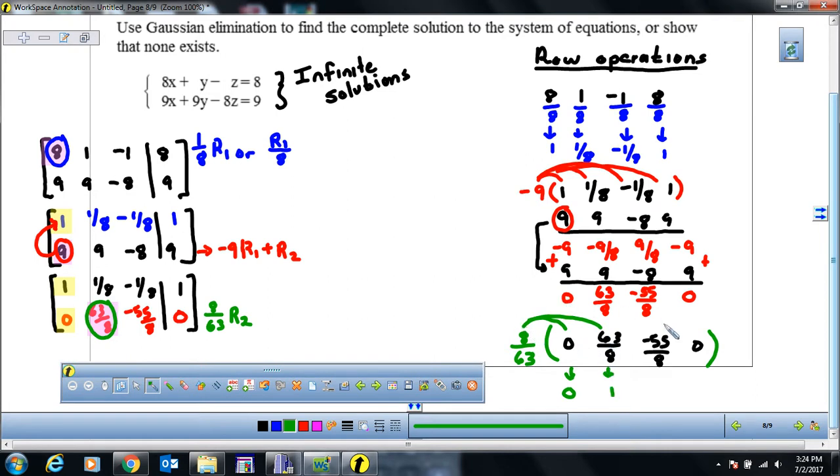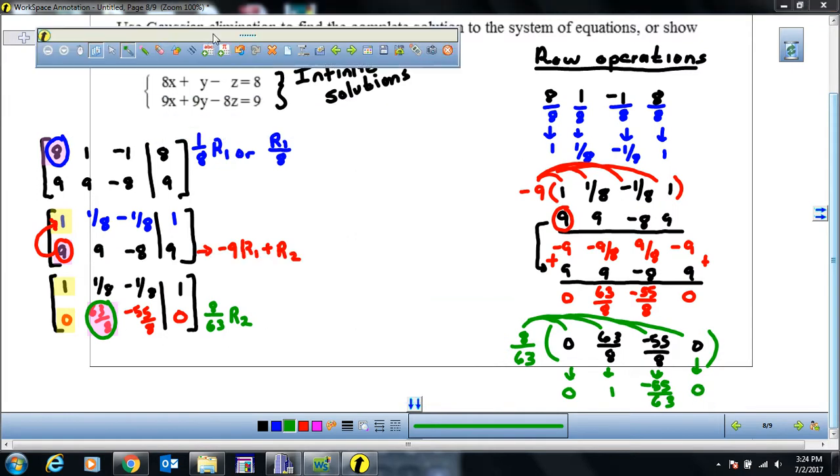Now 8/63 times negative 55/8, the 8 and the 8 just reduce, they simplify. So that just leaves you with negative 55/63. And 8/63 times 0 is just going to be a 0.